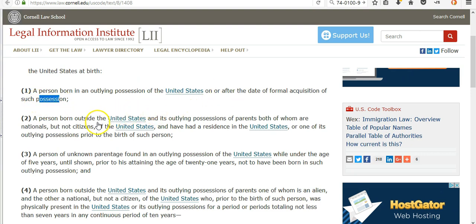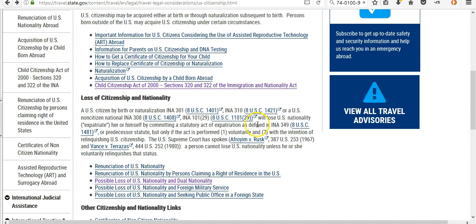A person born outside the United States and its outlying possessions of parents both of whom are nationals but not citizens of the United States, and have had a residence in the United States or one of its outlying possessions prior to the birth of such person.